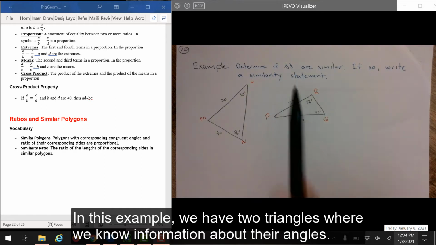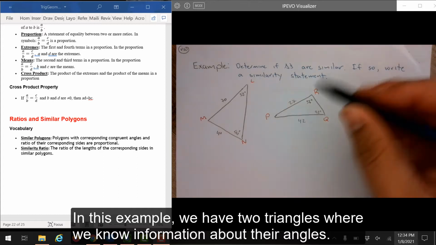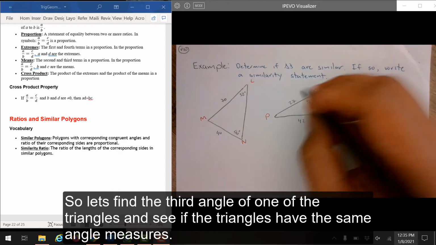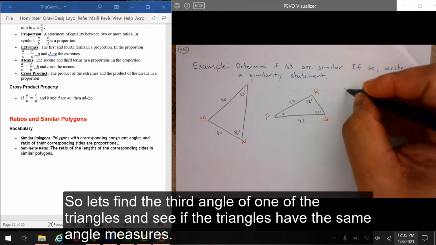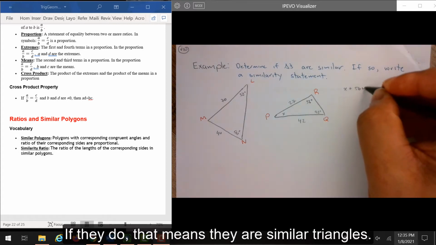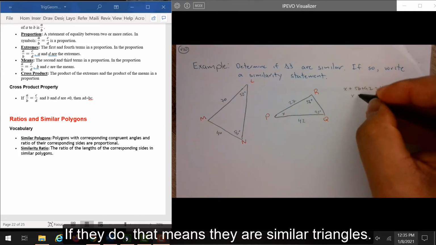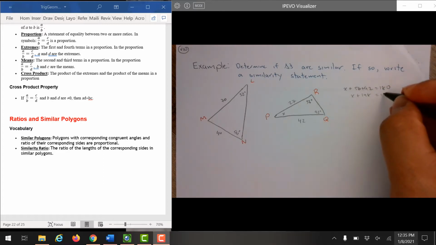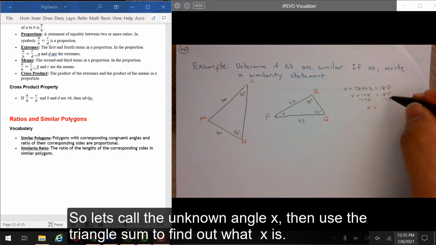In this example, we have two triangles where we know information about their angles. So let's find the third angle of one of the triangles and see if the triangles have the same angle measure. If they do, that means they are similar triangles. So let's call the unknown angle x, then use the triangle sum to find out what x is.